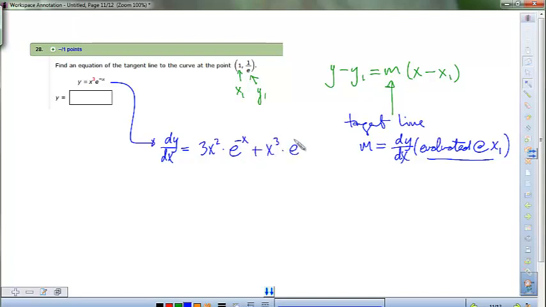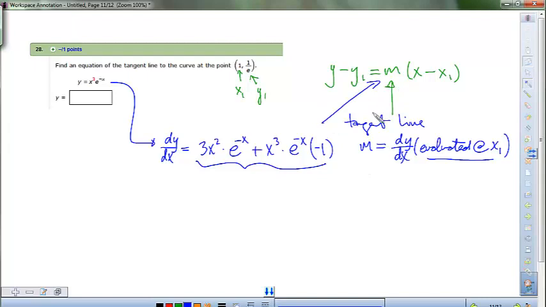Now here's where you apply the chain rule. The derivative of e to the x is e to the x. The derivative of e to the anything is e to the anything times the derivative of the power. So there's an extra negative 1 there. Now we don't want to take this whole thing and put it in for m.